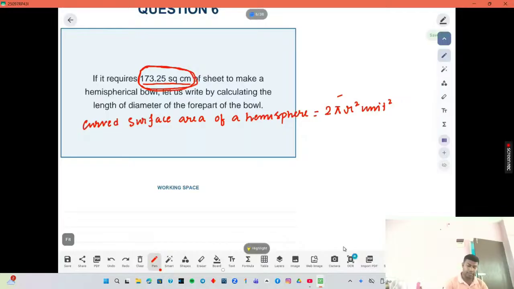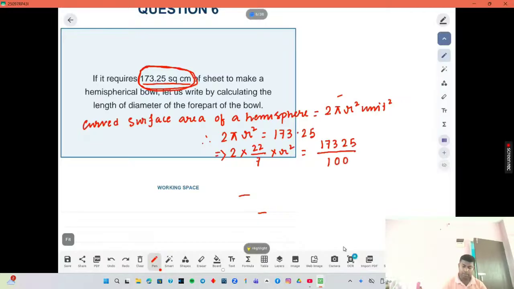By equating, we get 2 pi r square is equal to 173.25. So 2 into 22 by 7 into r squared is equal to 17325 by 100.